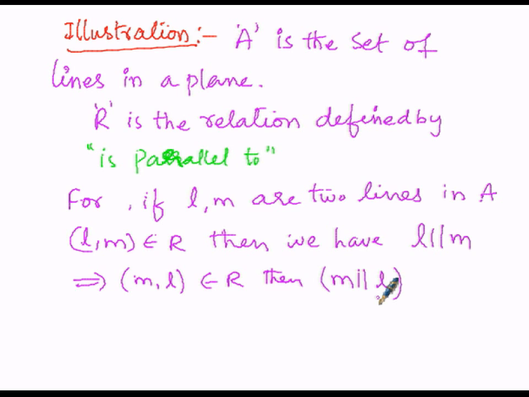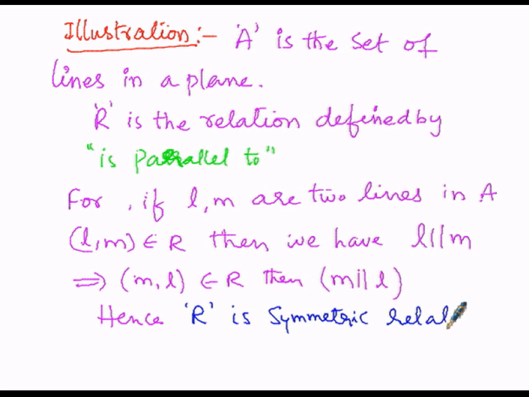Hence this relation comes under the symmetric. Hence R is a symmetric relation. When a line L is parallel to M, then certainly line M also will be parallel to L. By the condition, if A, B belongs to R implies B, A belongs to R, the relation R is called symmetric.